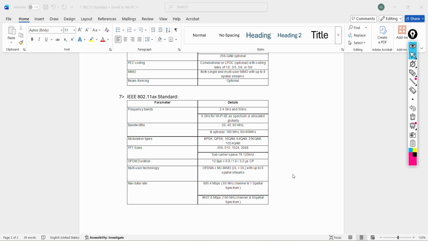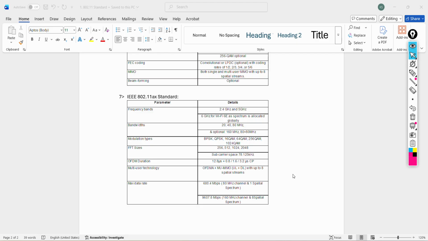It supports bandwidths of 20, 40, 80, and 160 megahertz, and modulation types BPSK, QPSK, 16 QAM, 64 QAM, 256 QAM, and 1024 QAM. You can see the different parameters and details.